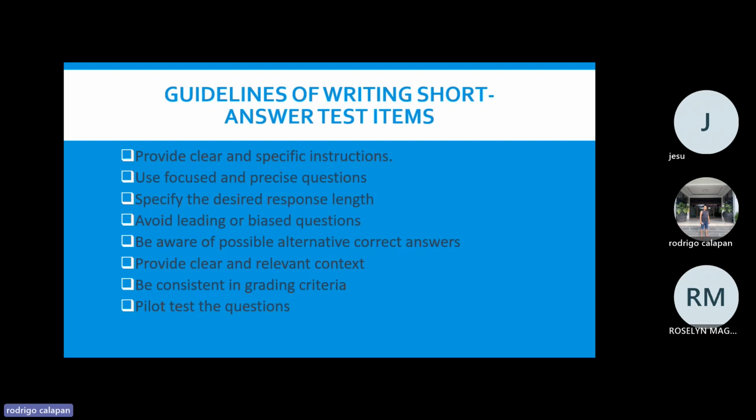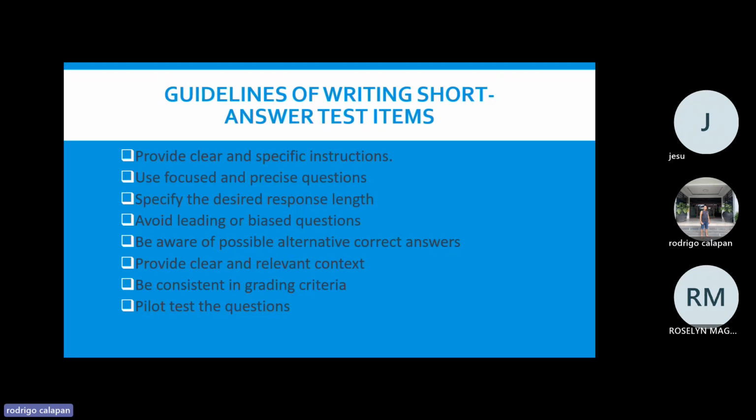Number three, specify the desired response length. So clearly indicate the expected length of the answer, such as a single word, a phrase, a sentence, or a brief paragraph. So this helps students understand how much information to provide and prevents unnecessarily long or incomplete responses.